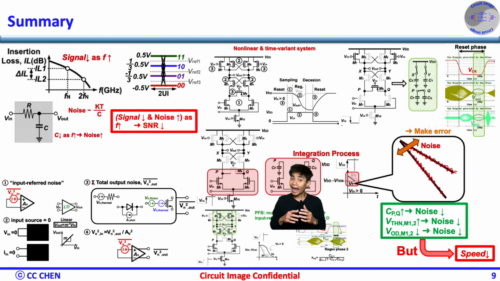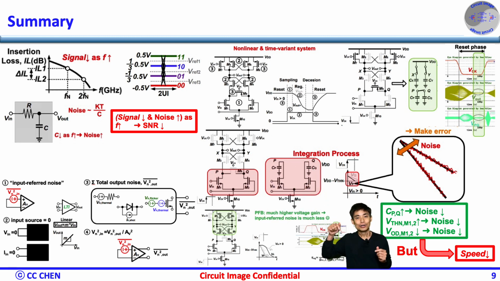Without looking at any equations, we know the bigger capacitance at P, Q would help reduce noise, since the charge would have less disturbance at the differential pair's output. On the other hand, a higher threshold voltage or lower overdrive of the input differential pair would lead to low noise as well. However, the noise reduction in the sampler's design will lead to lower speed as well.